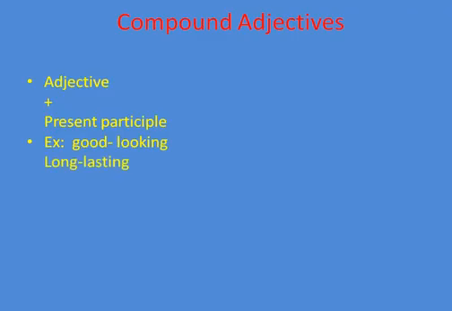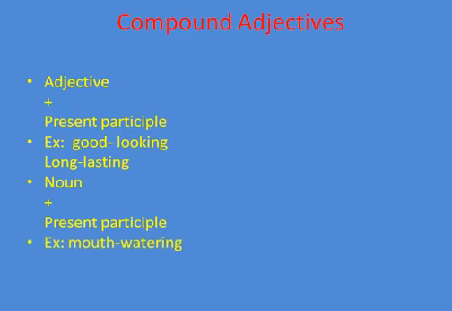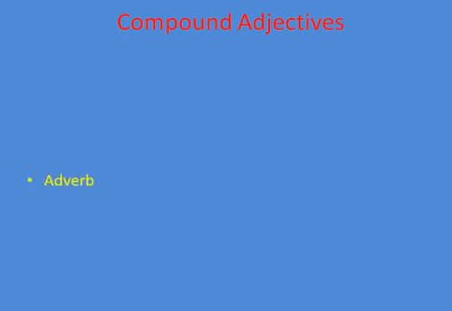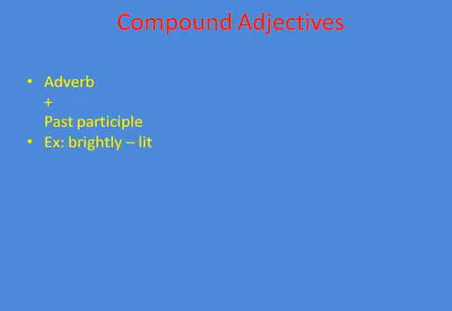Now I am giving you one more example: long lasting. Now we can use a present participle along with a noun in combination to give the following compound adjectives, like mouth watering. Mouth is the noun, watering is the present participle. Mouth watering. Time saving. You can use an adverb along with a past participle, like in this example, brightly lit.